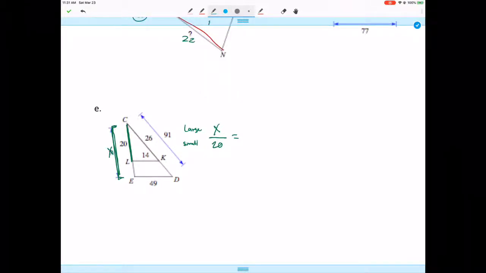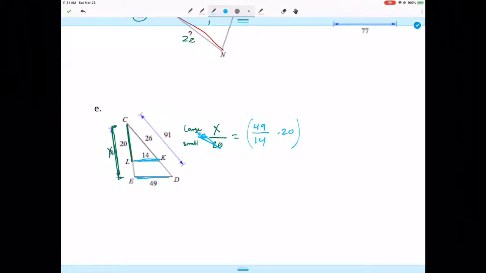Okay, so these are corresponding sides. And then you could also use the other one. I'm going to use the blue ones this time. So the large would be 49 divided by the smaller, which is 14. We can multiply both sides by 20. Cancels. And then all we need to do is evaluate that part. Okay?